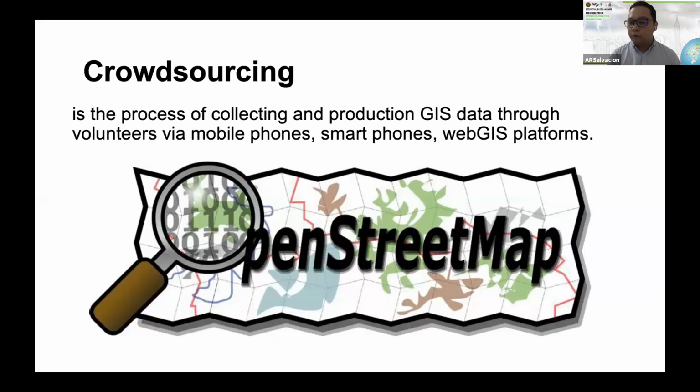There are a lot of volunteers now who do the crowdsourcing, who do the mapping. Even non-GIS or non-geography students do mapping just as a hobby.